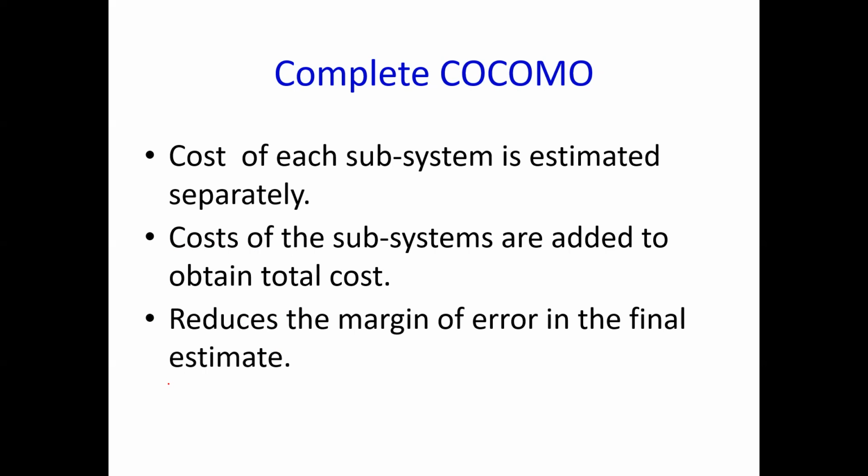And for requirement analysis also, I will calculate the effort and development time separately. All are calculated using the same formula. We don't use a different formula, but we calculate each subsystem first and then add. That is complete COCOMO.